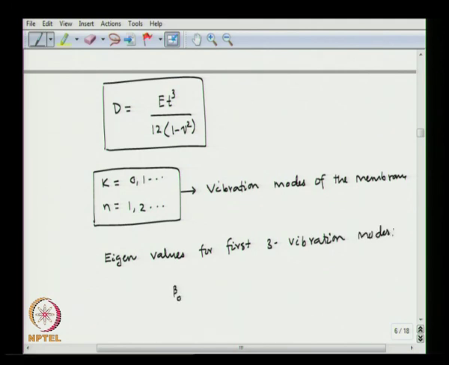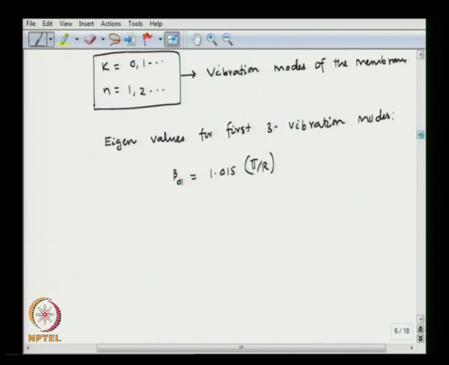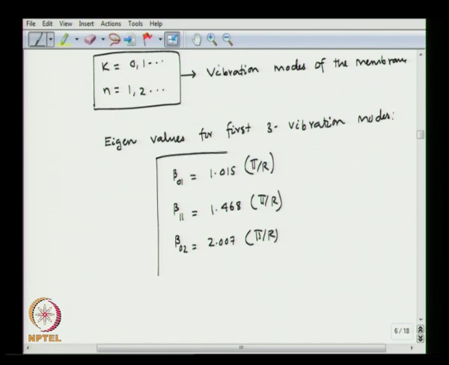So, beta 01 would be 1.015 pi over R, beta 11 would be 1.468 into pi over R, and beta 02 would be 2.007 into pi over R. So, these are the first 3 eigenvalues for the first 3 vibration modes.